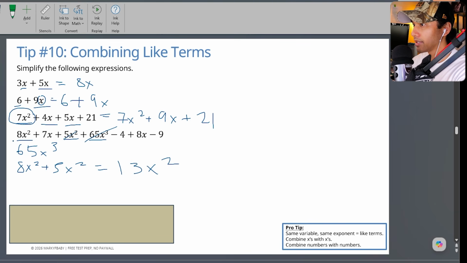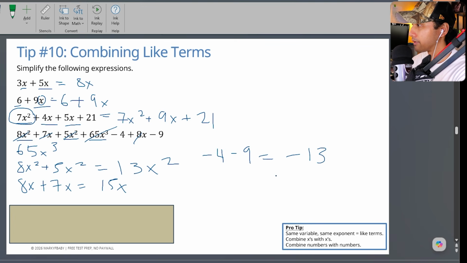And I'm going to cross these out. And then the next is 8x and 7x, positive 8x plus 7x, that equals 15x. Cross those out. And lastly, we have negative 4 minus 9. This equals negative 13.